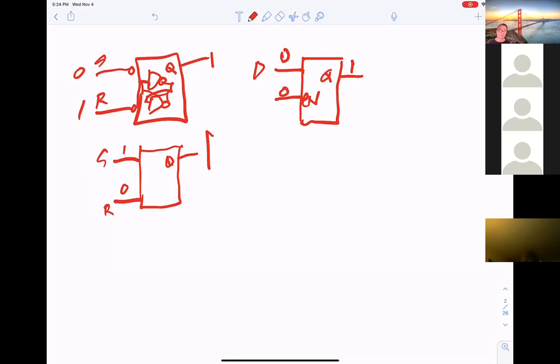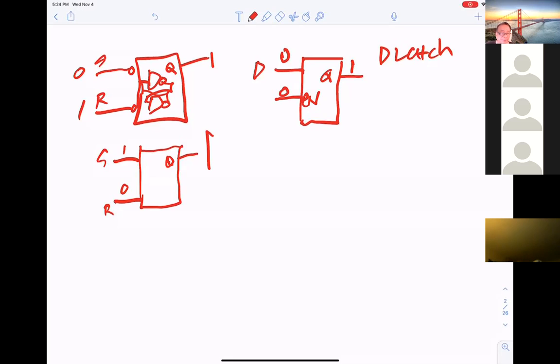Okay, the next will be the D latch. Okay, at the beginning, Q equal 1. Now D equal 0, enable equal 0.